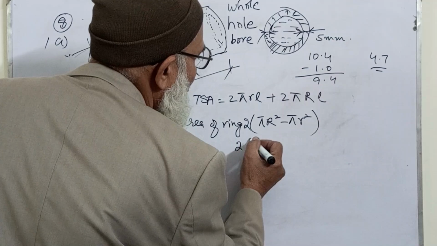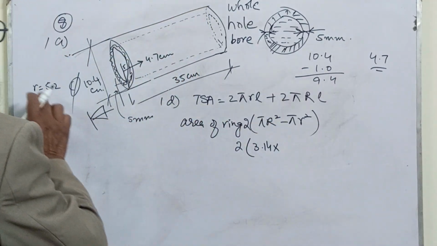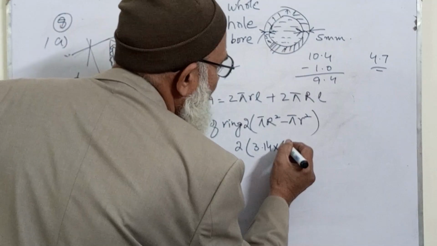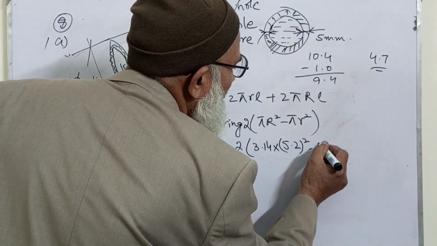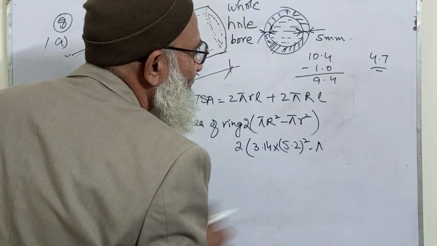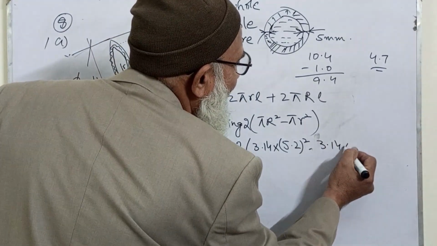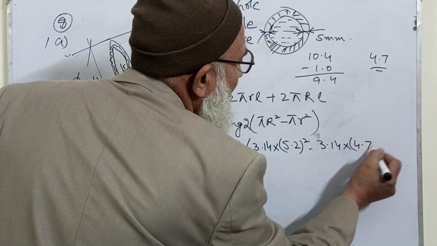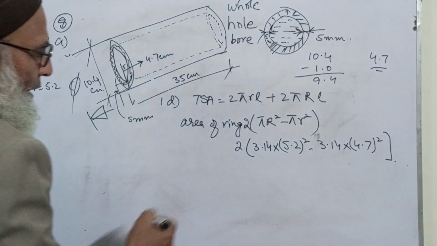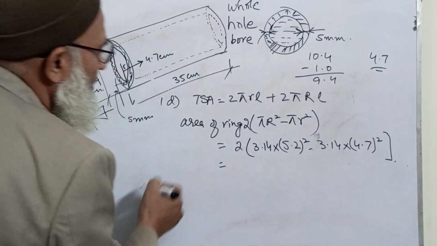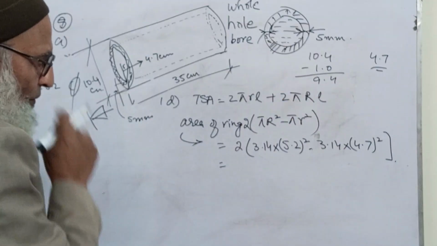So 2 multiplied by 3.14 multiplied by R square is this one. The capital R is this one, and the smaller r is this one, 4.7. Okay, this is only for this. We will find this later on.